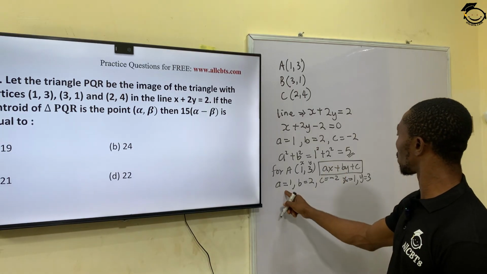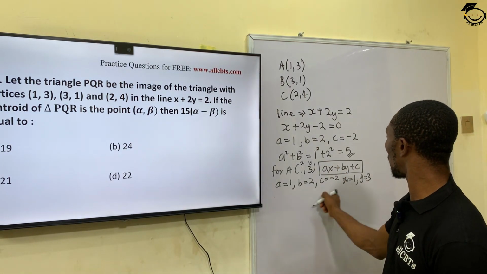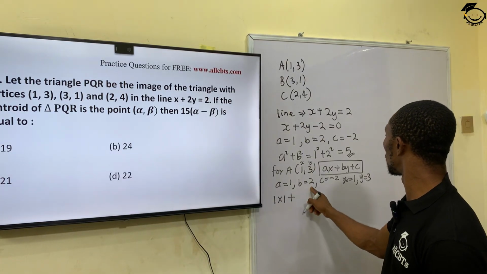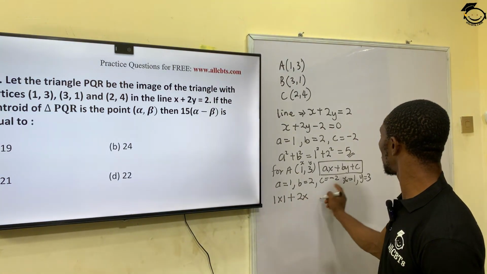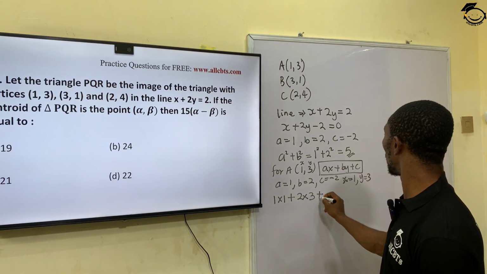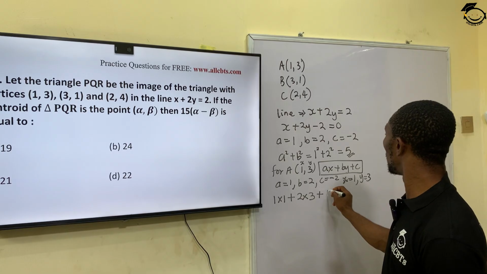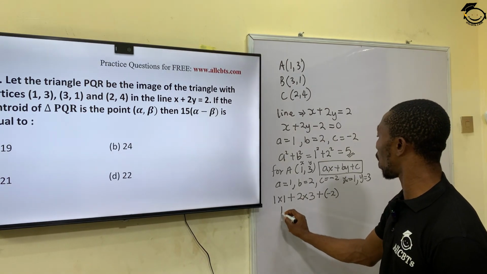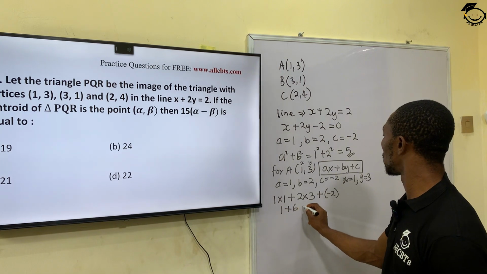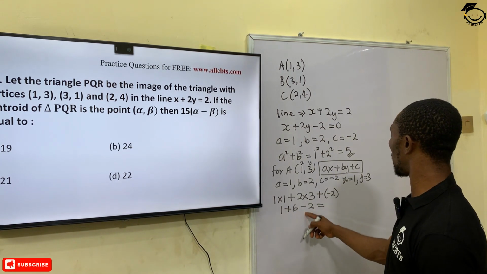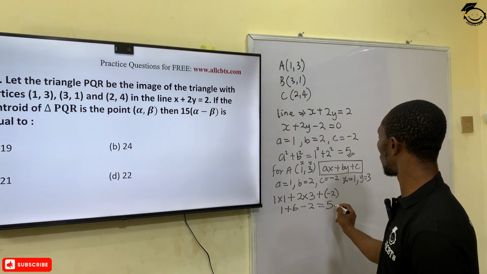Applying this into the expression, we have 1 times 1 plus 2 times 3 plus minus 2. So this will give us 1 plus 6 minus 2. 1 plus 6 is 7, minus 2 gives us 5.